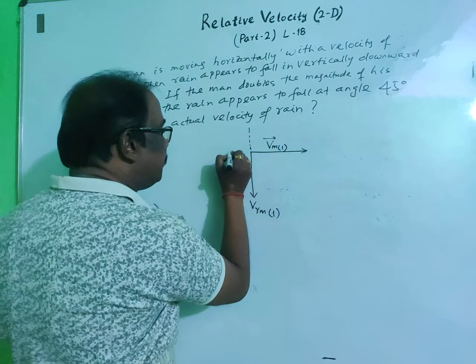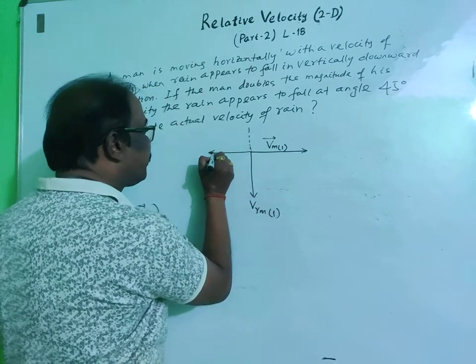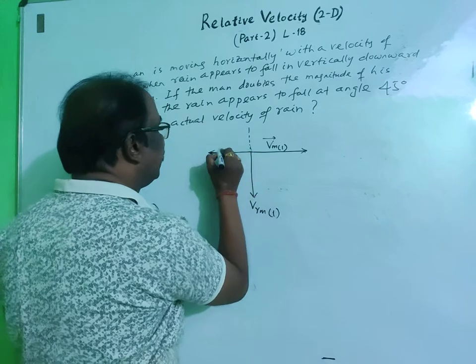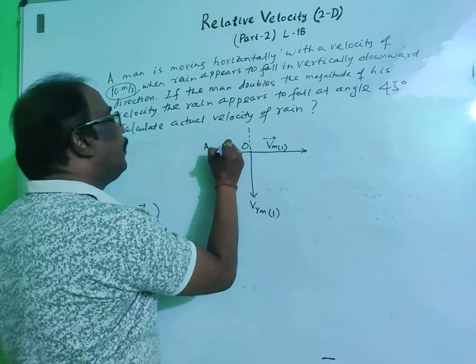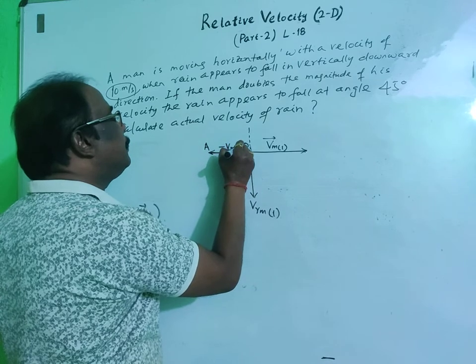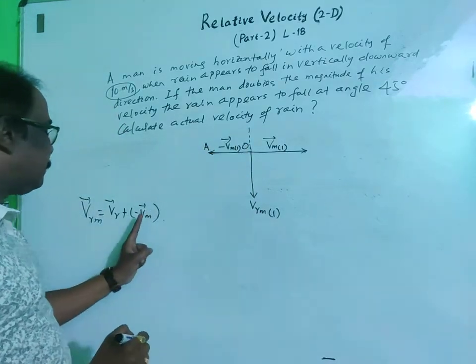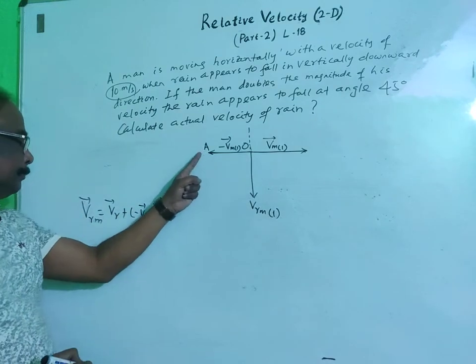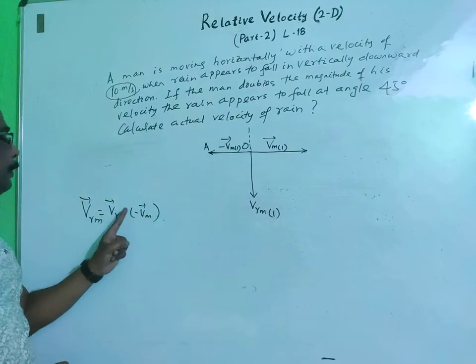If this is Vm1, then in opposite direction produce same straight line, same length of line, then this is O, this is A. OA represents minus Vm1. Okay, this is minus Vm1, minus Vm and Vr.